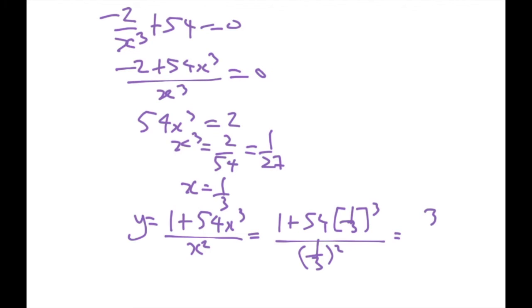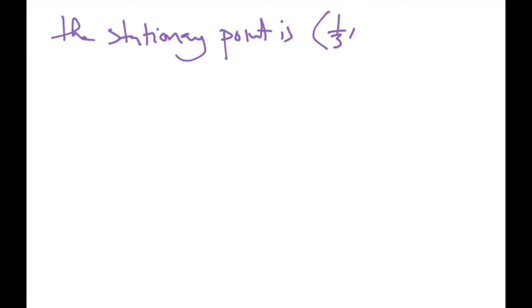So 1 plus 2 is 3, over 1 over 9, and 3 divided by 1 over 9 is 27. So the stationary point is x equals 1 over 3 and y equals 27.